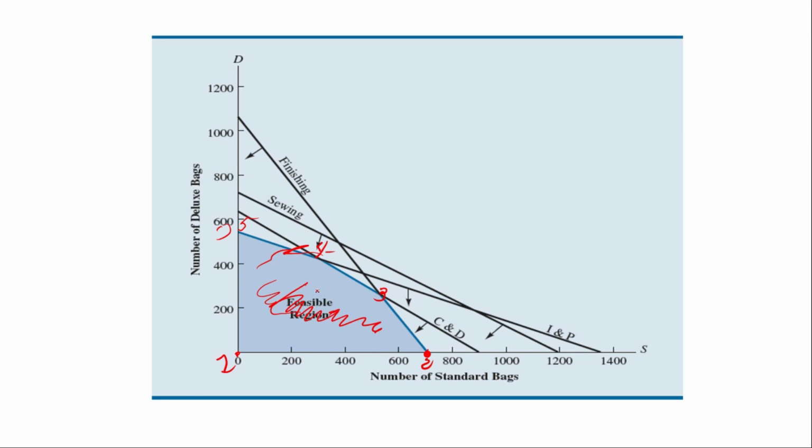Okay, so the optimal solution now is in 3. So since yung 3 natin, parang yun yung pinaka-optimal na solution natin. So the S there is equal to 540 and the D is equal to 252. So that's why minsan sa pag-graph kasi nagkaka-mistake tayo.